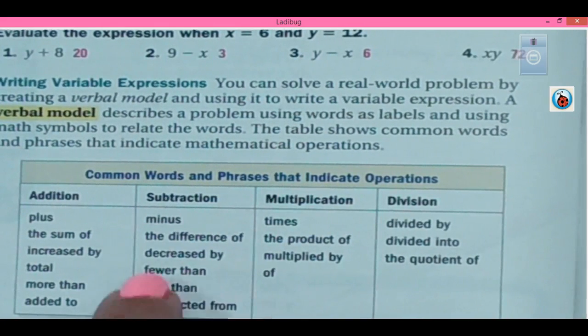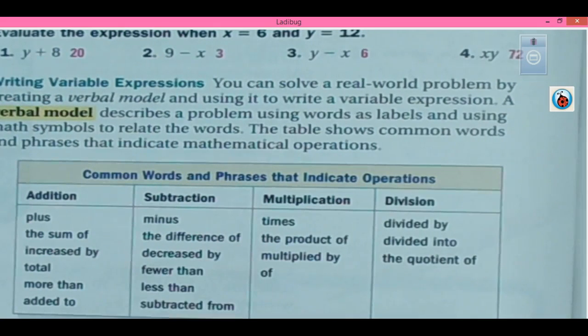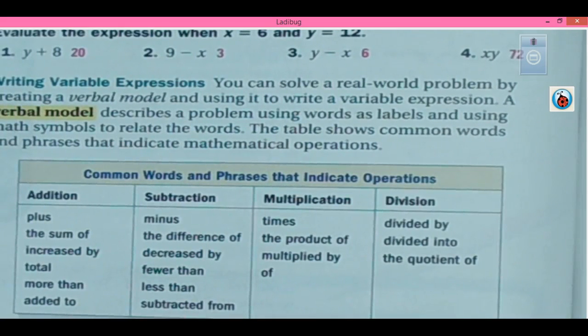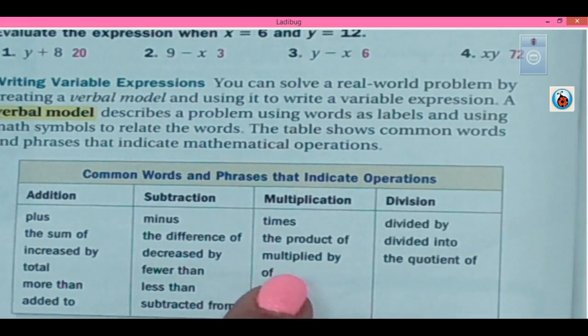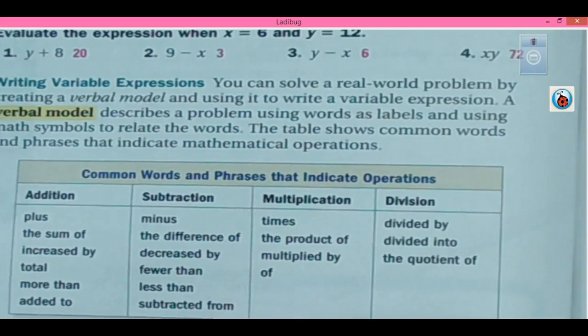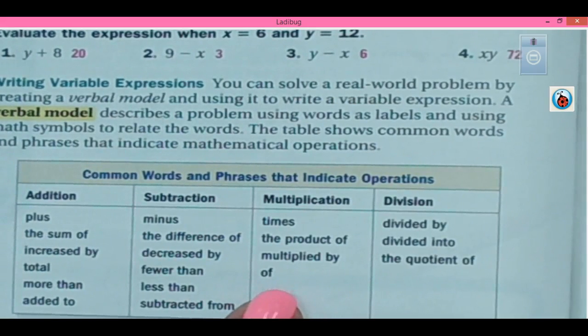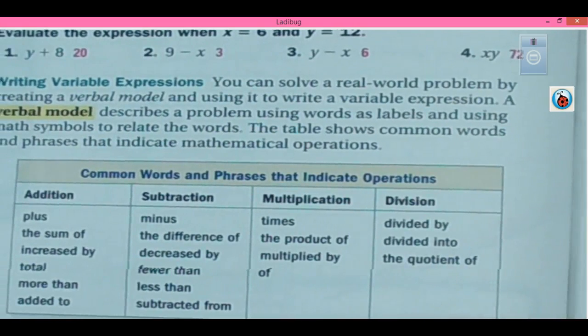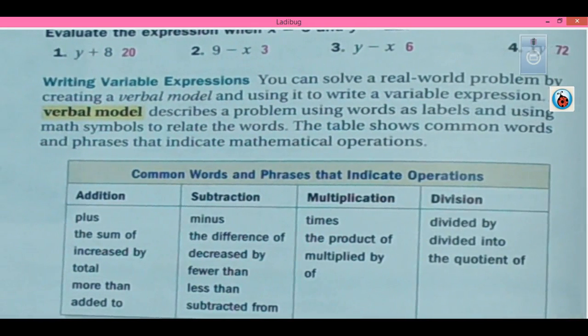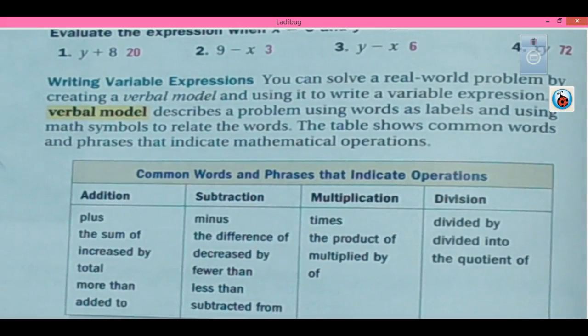Common words for subtraction would be minus, the difference of, decreased by, fewer than, less than, or subtracted from. For multiplication: times, the product of, multiplied by, or just of. And division: divided by, divided into, and the quotient of. Now you can also find this table on page 6 in the textbook.